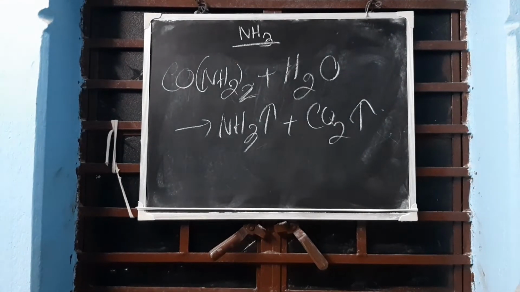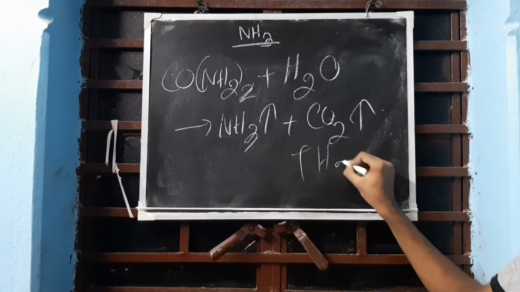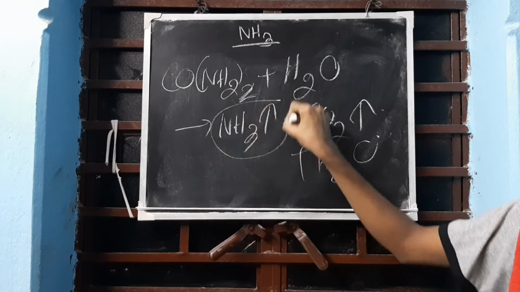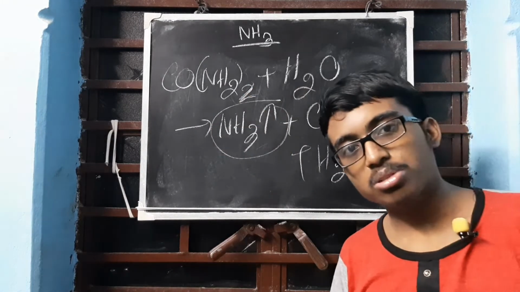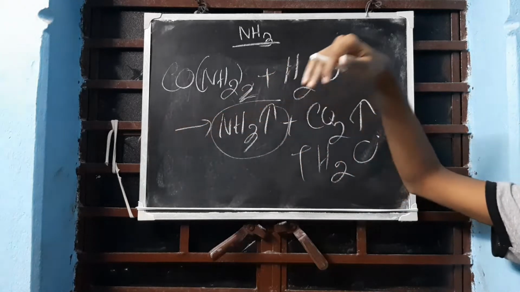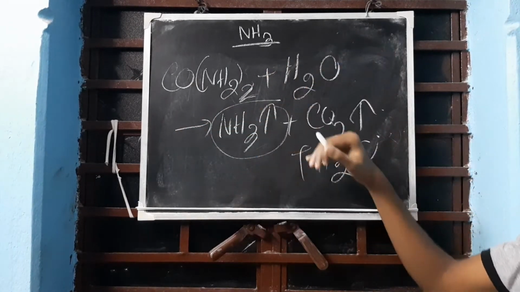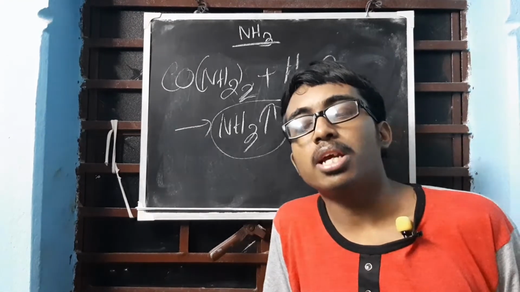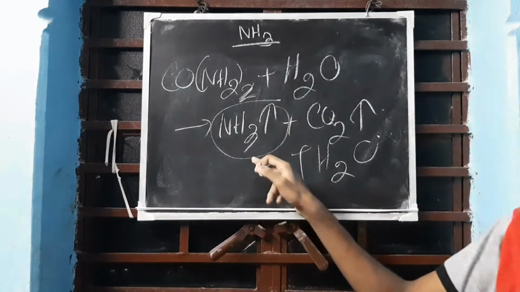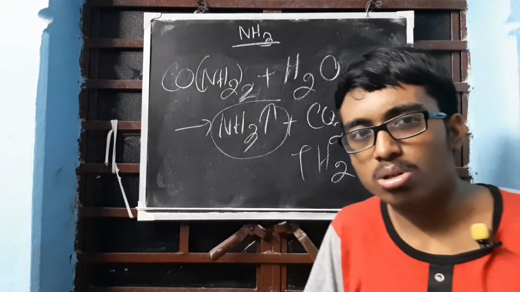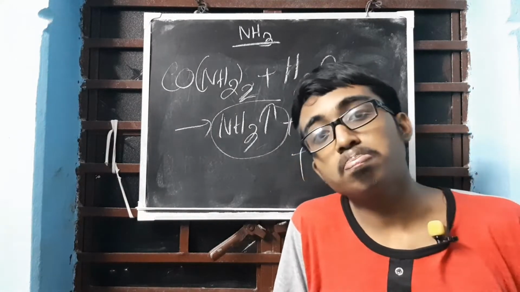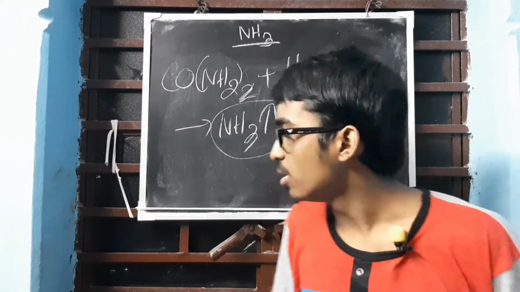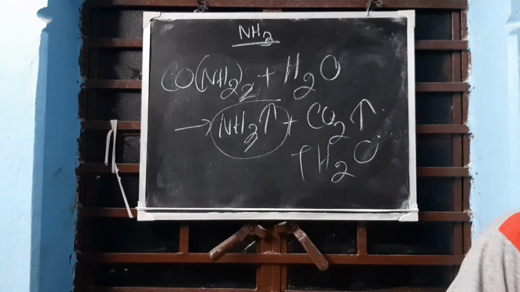Plus water is always there. So this is urea. When it reacts with water, it forms ammonia plus carbon dioxide plus water again. So whenever you pass by organic matter, you get the odor, and this is a pungent smelling gas.